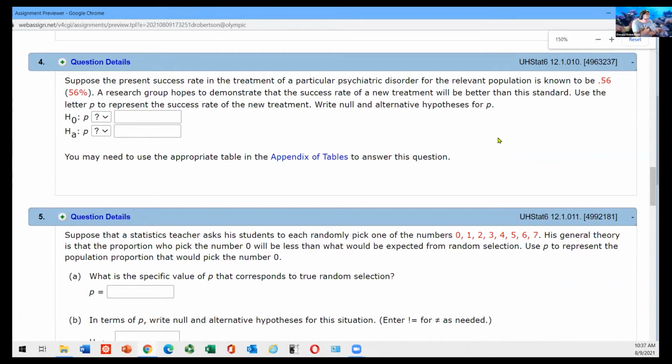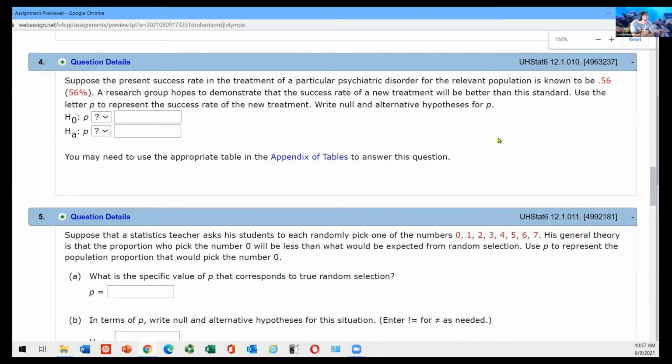Right, now I've got ones with numbers. Suppose that the present success rate in the treatment of a particular psychiatric disorder from the relevant population is known to be 0.56. So let's say the success rate in treating schizophrenia is 56%, right?